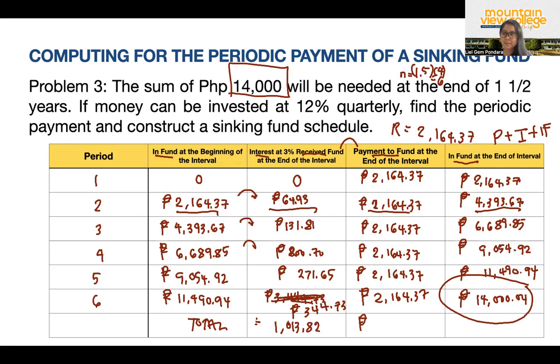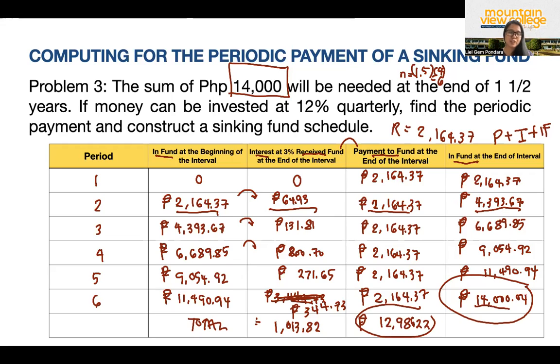How much is the total payment given? 12,986.22. Okay. So you see, you only give 12,986. But then you will get 14,000 at the end of 1.5 years.